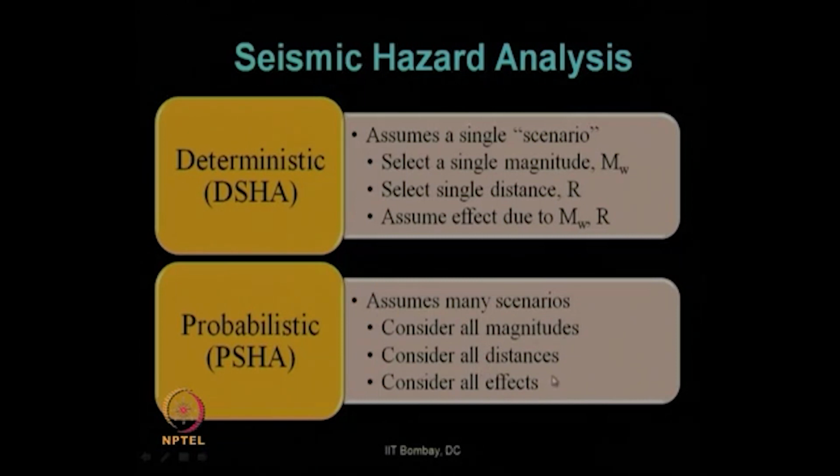Consider all the distances; it is not necessarily only the minimum distance. We have to consider all the possible distances from the site to the source, and give certain weightage to them. We will see that very soon. And consider all the effects, distance and magnitude, this combined effect needs to be considered for this PSHA analysis.